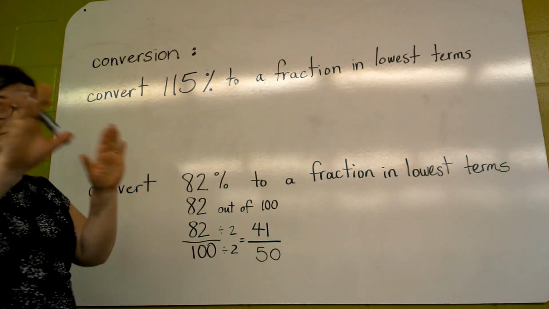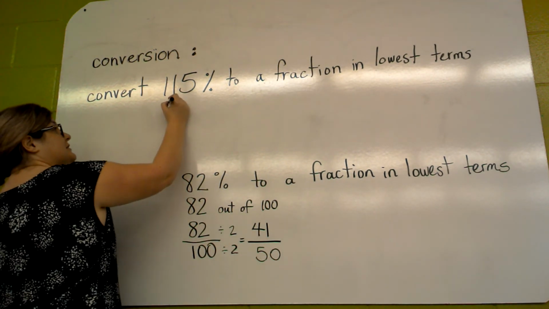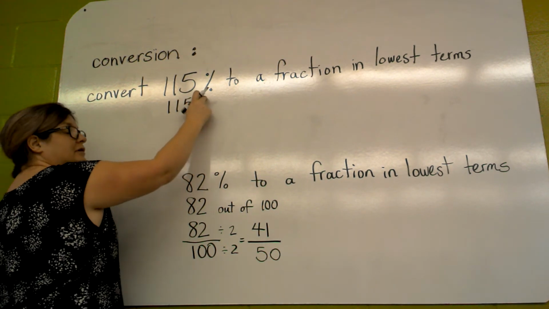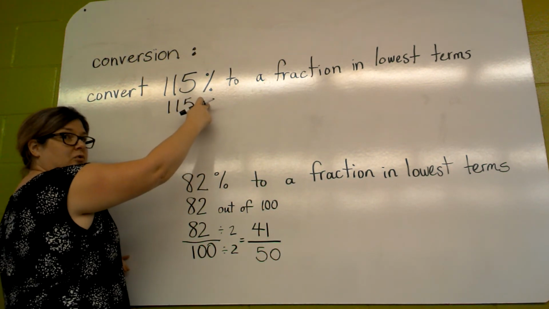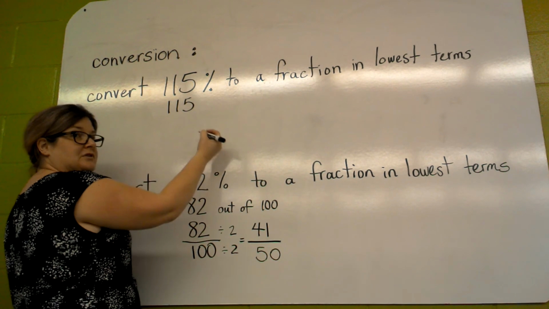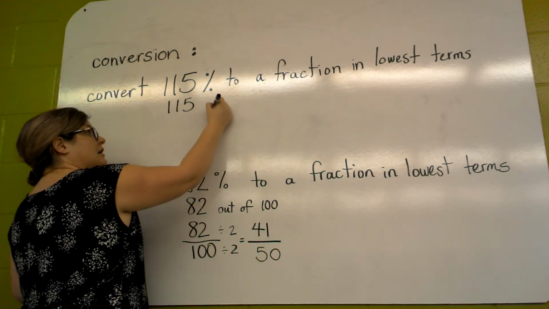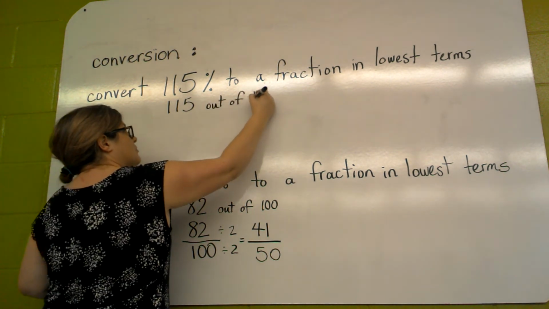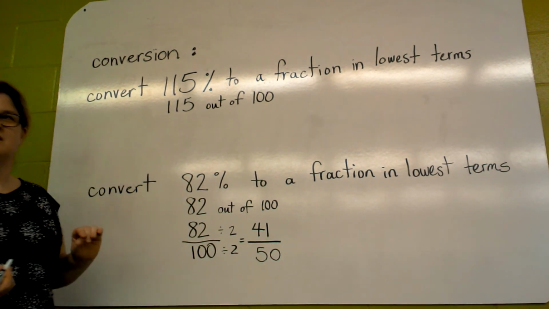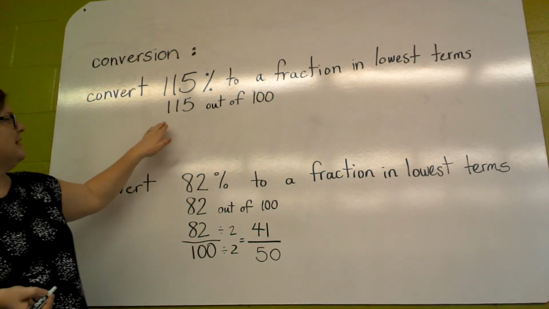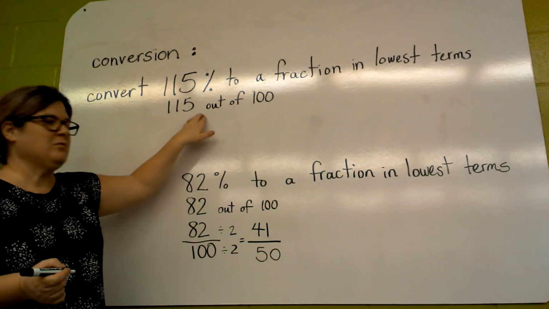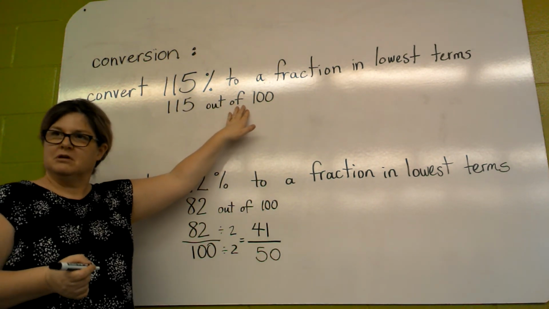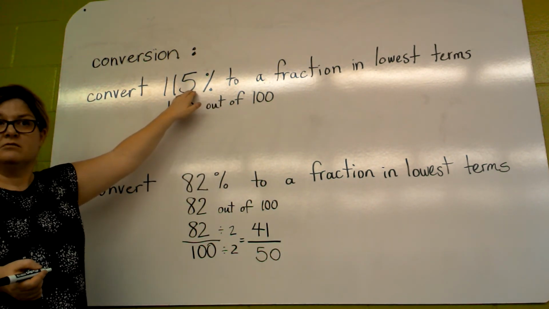So, I'm going to do the exact same thing. I'm going to take my number, and I'm going to turn the percentage sign into words. Percentage sign means out of 100. Does that make sense? Logical sense to us when we read it back. I have more than what it's out of. Sure, because I have more than 100%.